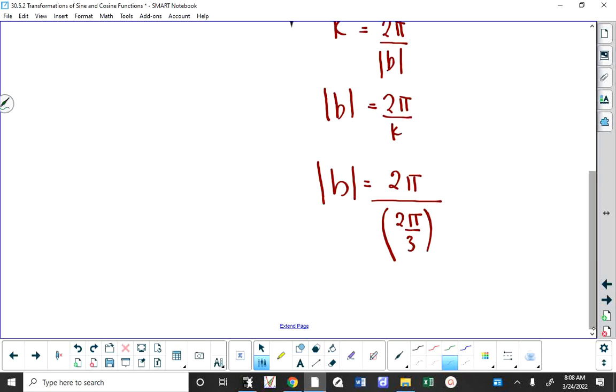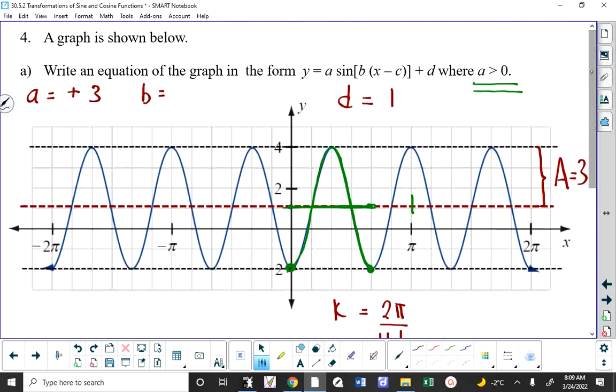If I multiply the top and the bottom of this by 3, I'm going to end up with 6 pi on the top and 2 pi on the bottom, because the bottom two 3's cancel. And the pi's now cancel, and the 6 over 2 is 3. So I know that b has a value of 3.